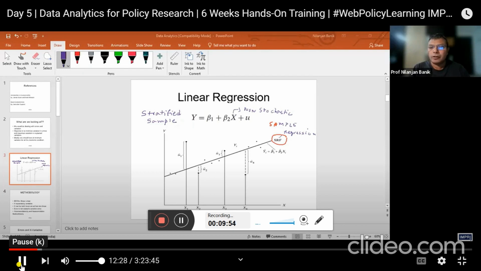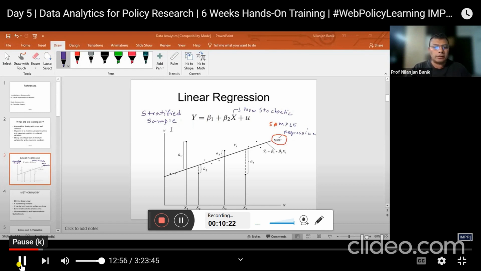I'm not contradicting, but let's try to make it much more relevant in the sense that let's say that y is my height, okay, and x is my age. Okay, so just to ensure that we are on the same page.